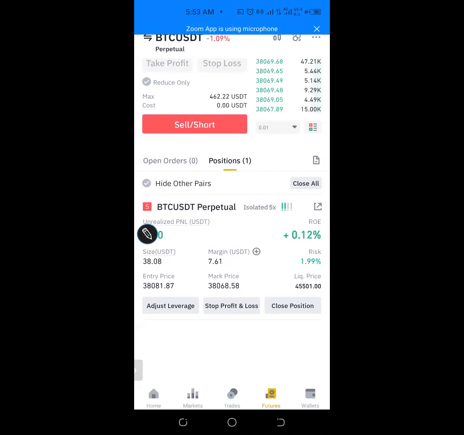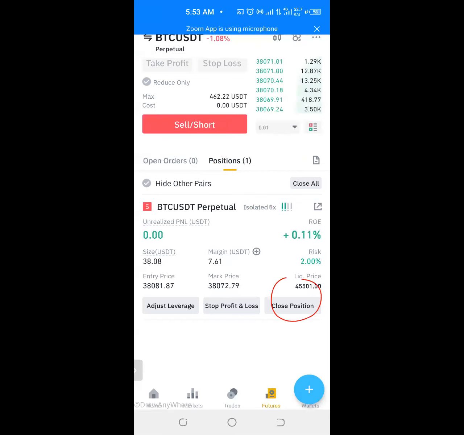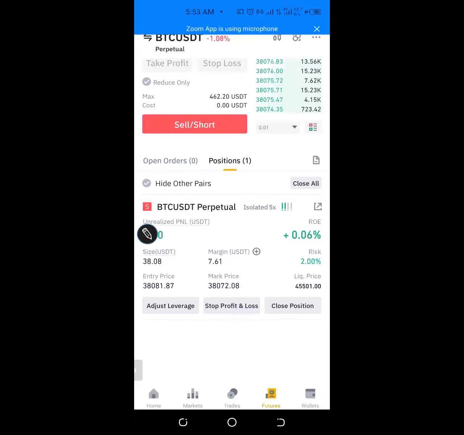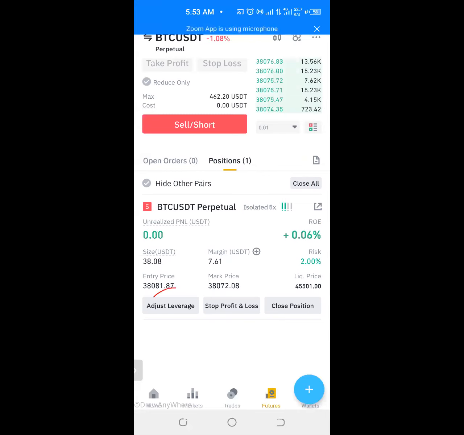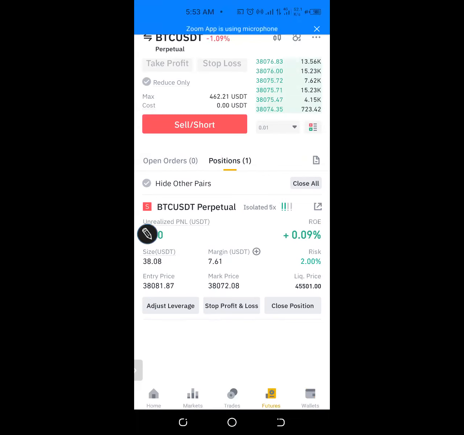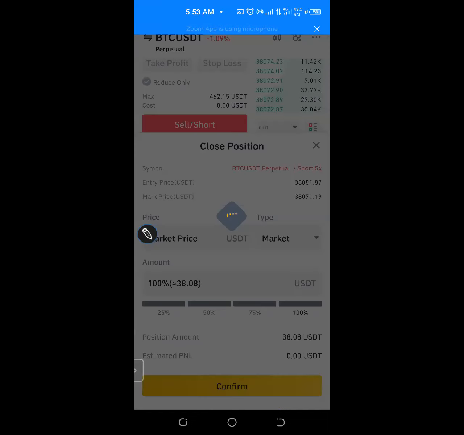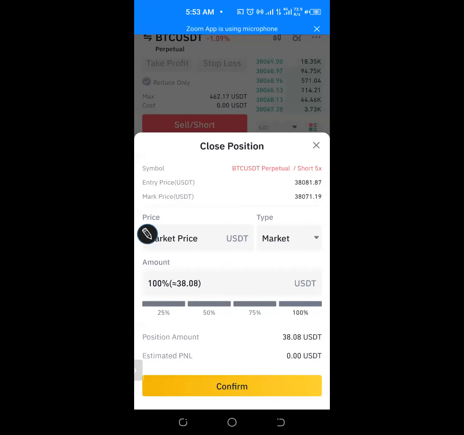I can close this trade if I want. If I want to close this position, I'll just click on close position. I can set or adjust my leverage. I can set my stop loss and my take profit. So let's say I want to close the trade and go with the little profit I have made. I'll click on close, and they ask me to confirm.